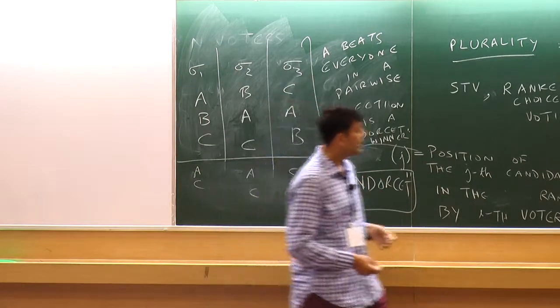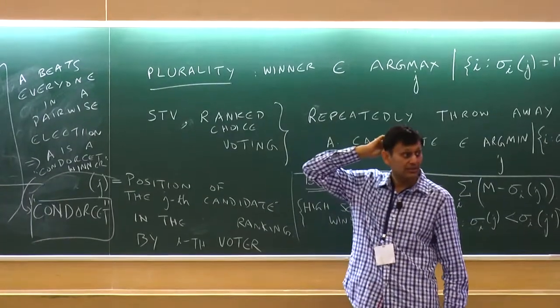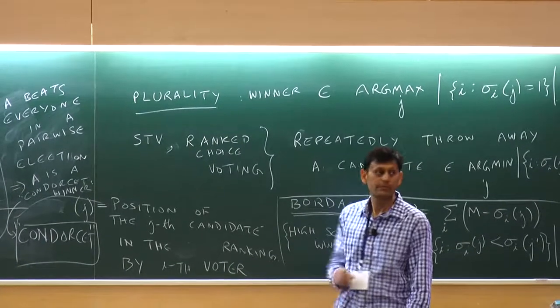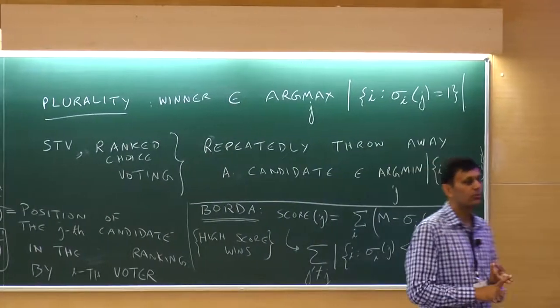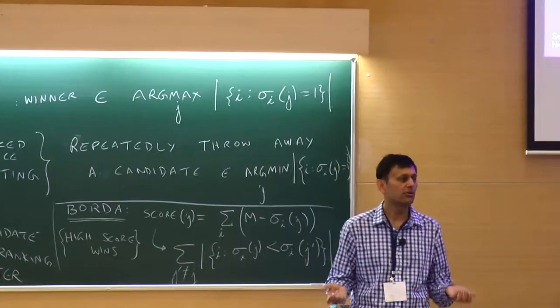Okay? Now, as I said, these are the only 3 rules that I know anyone ever uses in any significant elections, and none of these is a Condorcet rule. A Condorcet rule is a rule which says that if there's a Condorcet winner, then you have to find a Condorcet winner.